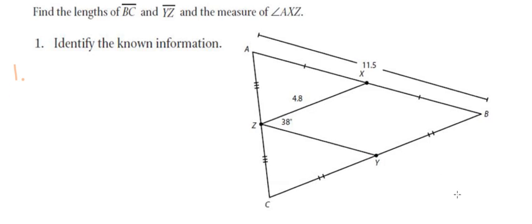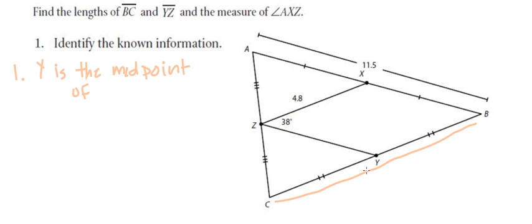So if I look here, I know that I'm trying to figure out this line right here, BC. That's one of the things that I need to know. And I happen to see here that Y is in fact a midpoint, because this 2-tick mark here and this 2-tick mark here indicate that the distance from Y to C is the same as the distance from Y to B. So one of the things that I know is that Y is the midpoint of BC.